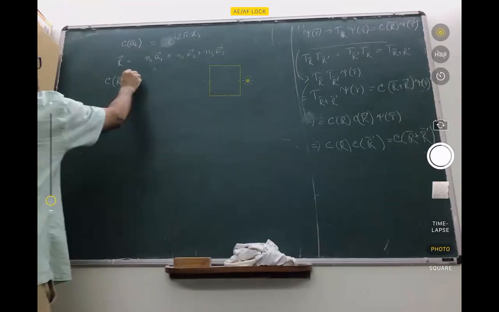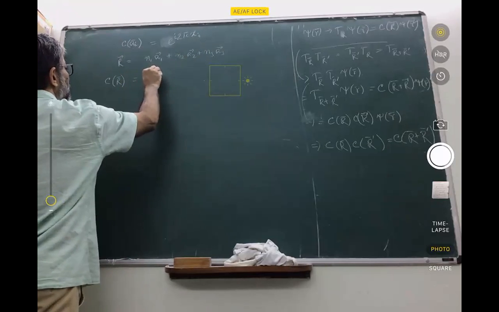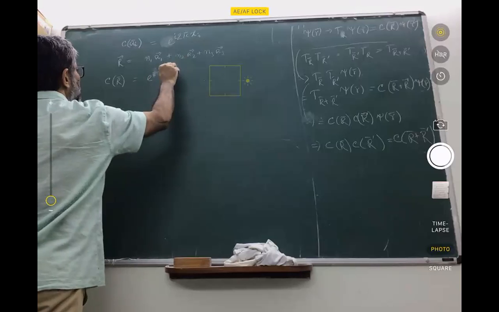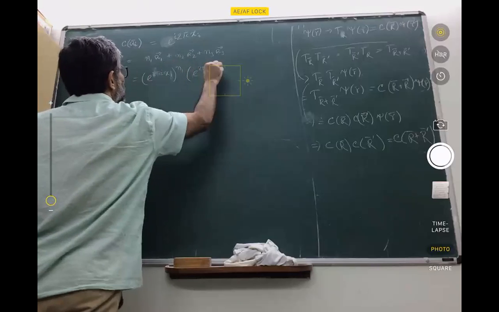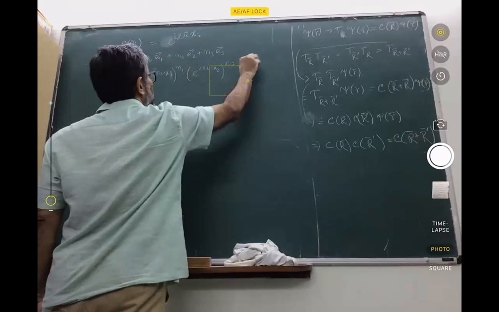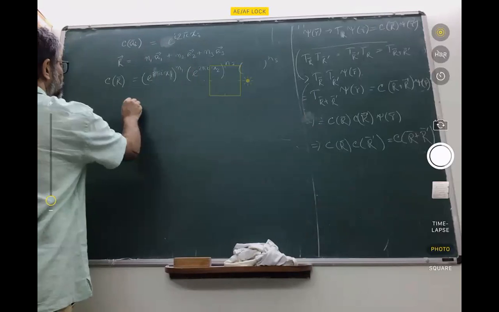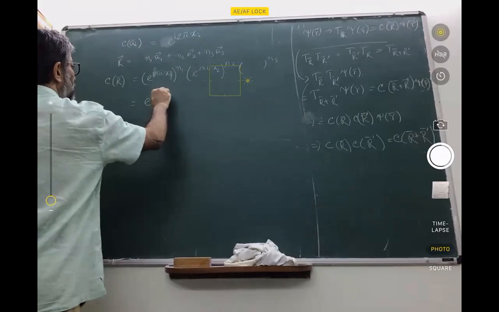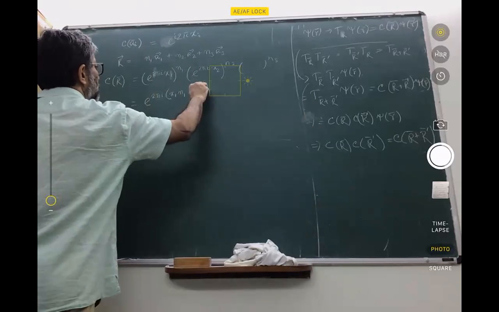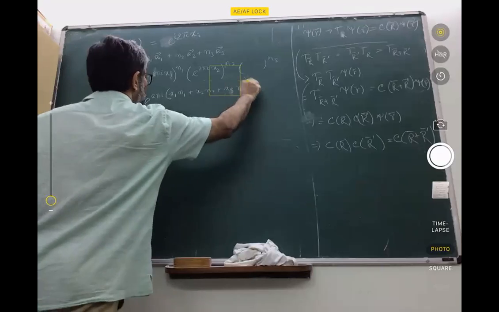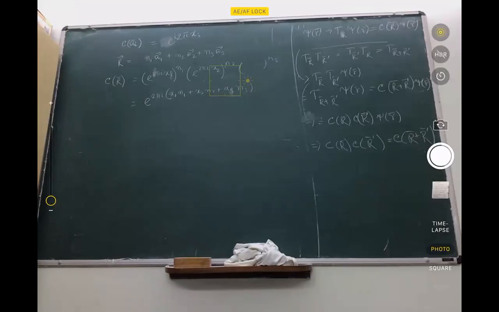So what would that be? So that was the task, to find the eigenvalue C of R. So this is the general form of the eigenvalue C of R.